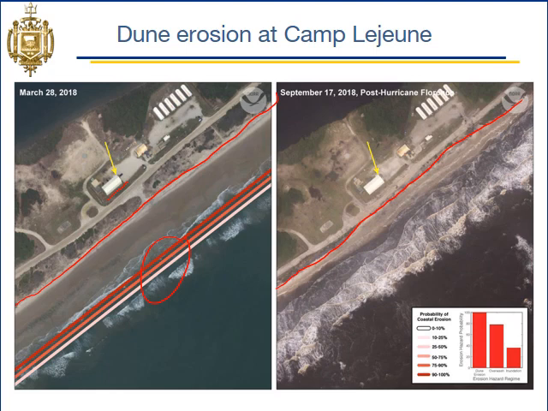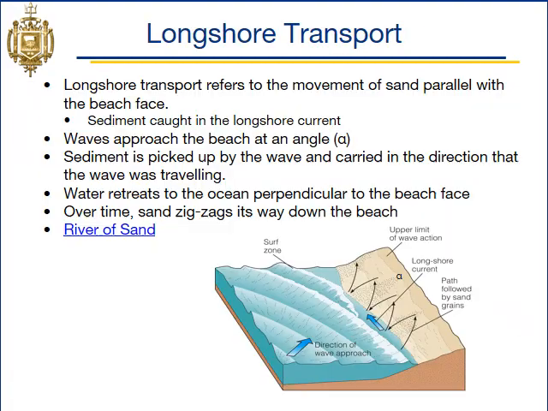Those dunes used to be probably out to about here. Several feet of dunes has been eroded away, and now this building is much closer to the ocean than it was before. This is a very dangerous situation if you work in that building, and that's something you probably want to get mitigated as soon as possible.